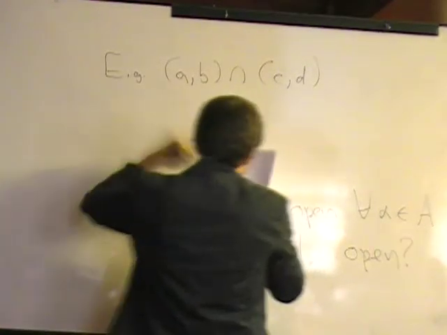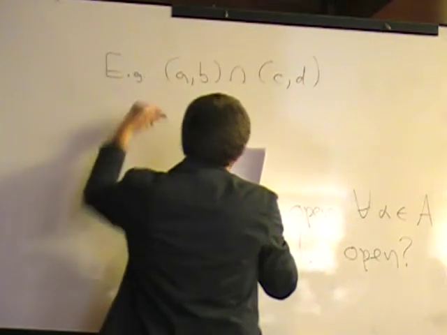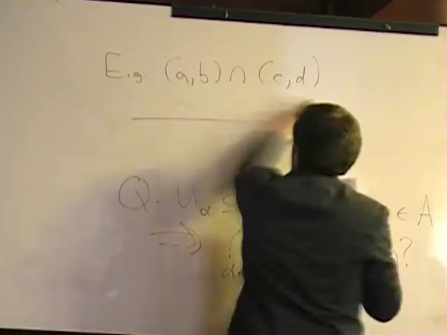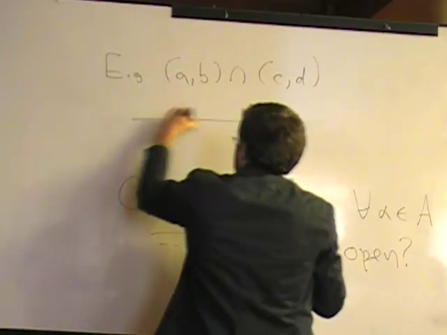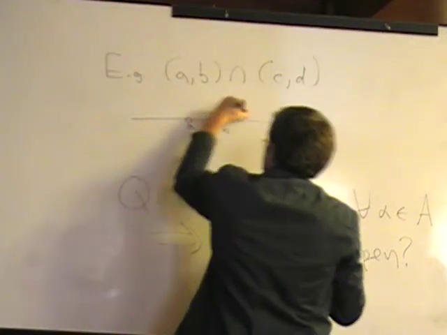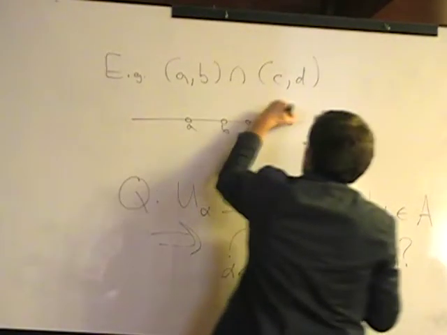Well, let's draw a picture, where we put A here, B here, C here, and D here.